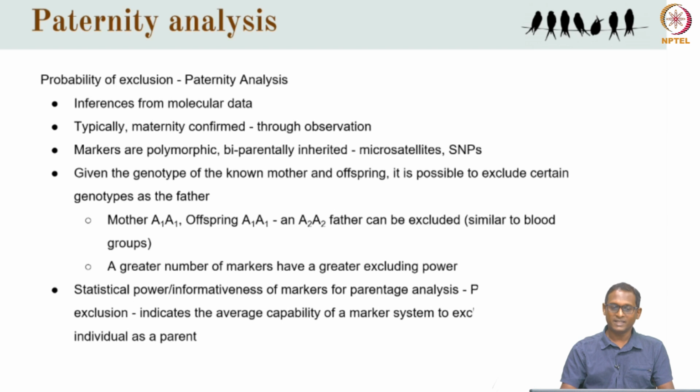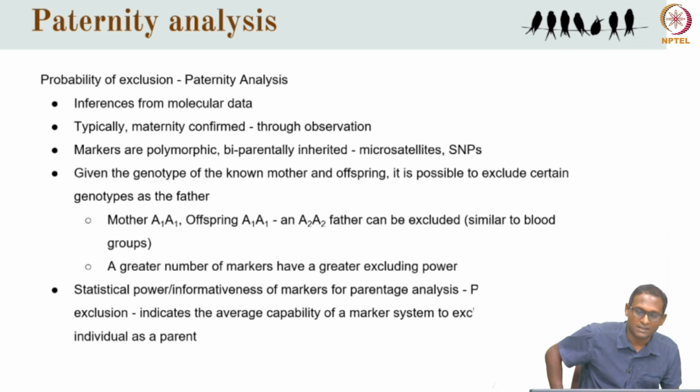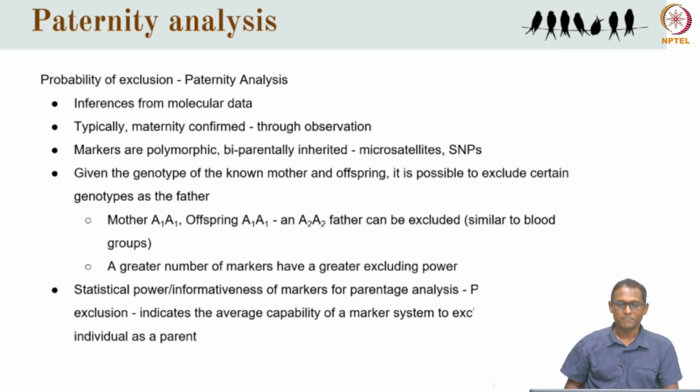So once that is confirmed, and then you have markers, which is the genetic data like microsatellites and SNPs, and you know the genotype of the mother, you know the genotype of the offspring, and then you can exclude certain males as being the father.